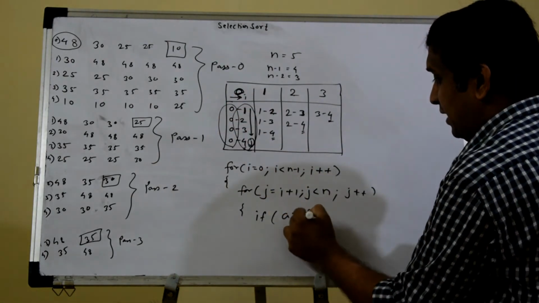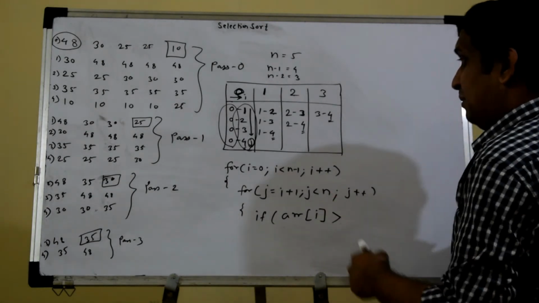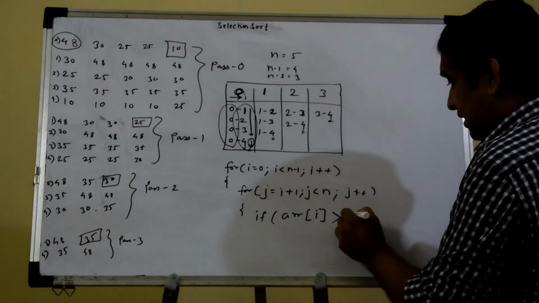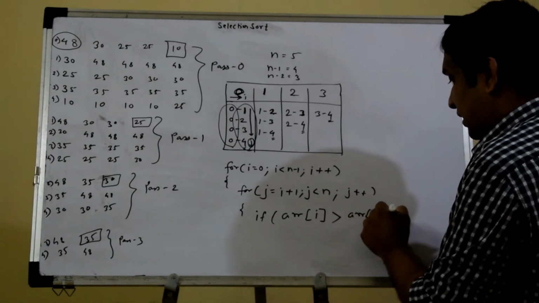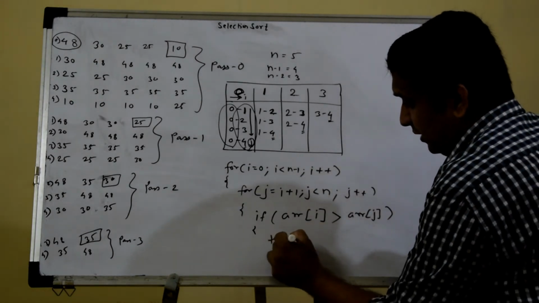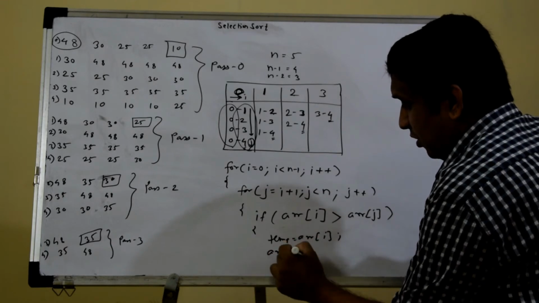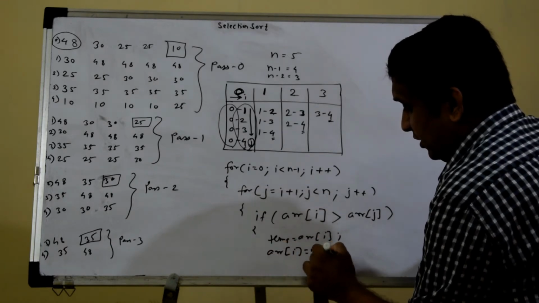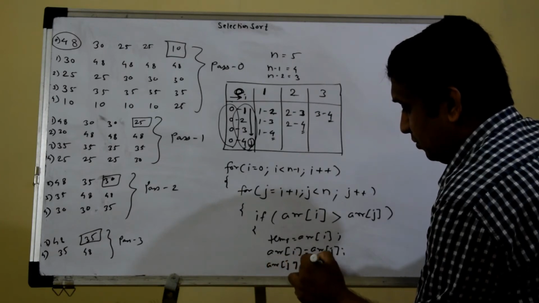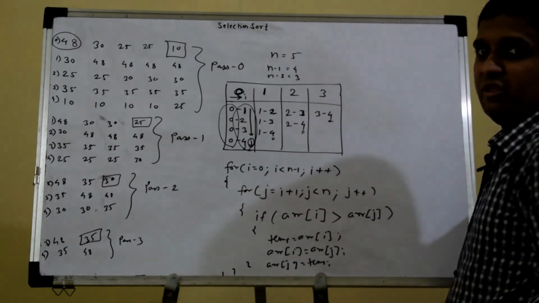So I am comparing AR of I with AR of J, and if the previous element, that means the left hand side element, AR of I, is greater than AR of J, then I will swap AR of I with AR of J. So the code will be temp equals AR of I, AR of I equals AR of J, and AR of J equals temp. So you will close all the brackets. So this will be the code for sorting.